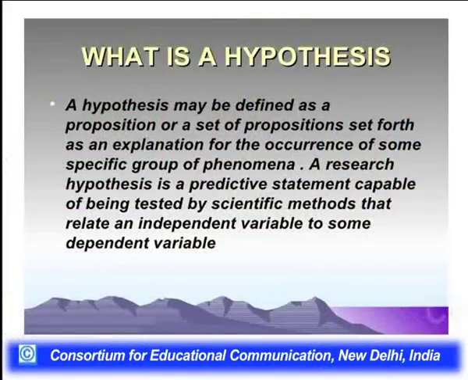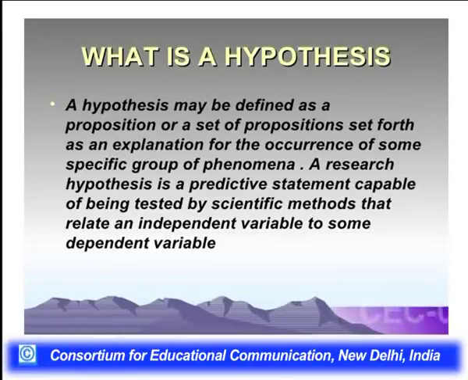He has to be objective in his approach, because whatever we do in research is followed by some evidence, and we call it empirical work. So, to have faith in the research work, this kind of standard must be maintained by the researcher. Taking it forward, the hypothesis may be defined as a proposition or set of propositions set forth as an explanation for the occurrence of some specific group of phenomena.